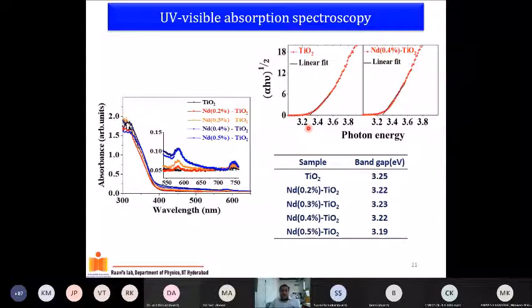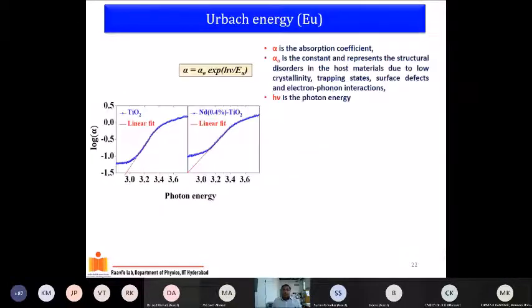So that is how you can calculate your band gap, and we obtained a band gap which is slightly reduced with the increase in the doping. It is not changing drastically, but there is a small reduction in the band gap because of your doping.